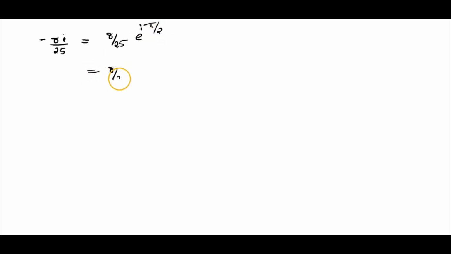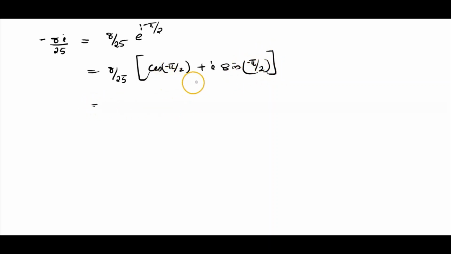Or we can write it as 8 by 25 into cos minus pi by 2 plus i sin minus pi by 2. Cos minus pi by 2 is 0 and sin minus pi by 2 is minus 1. So this is minus 8i by 25 itself. So this is the modulus amplitude form of the complex number 1 by (2 plus i) square minus 1 by (2 minus i) whole square.